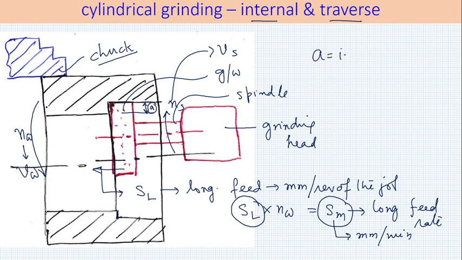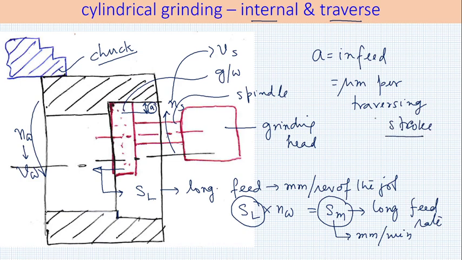So A is infeed. This is micron per traversing stroke. So this I mentioned wrongly in some slide, that I have corrected. Where is the unmachined surface? This is the unmachined surface, and this is the ground surface where you would expect better tolerance and finish.